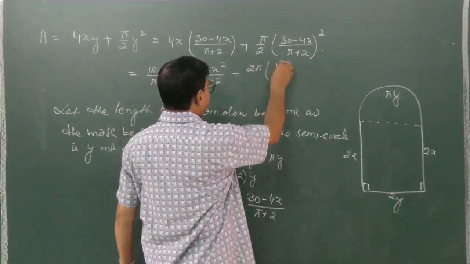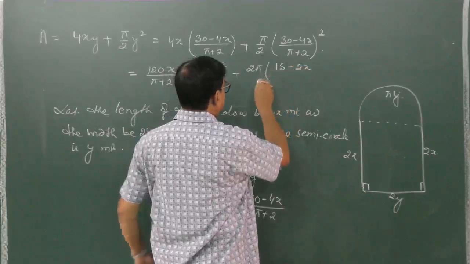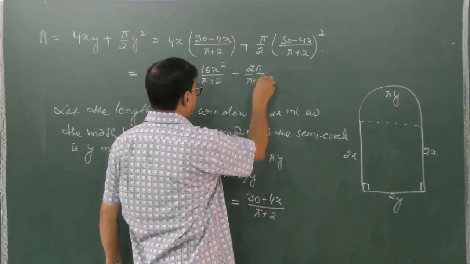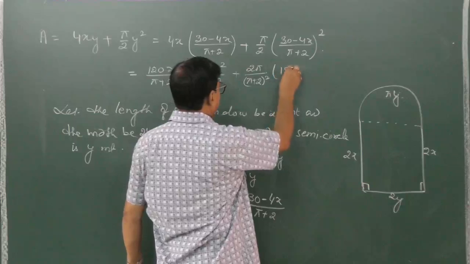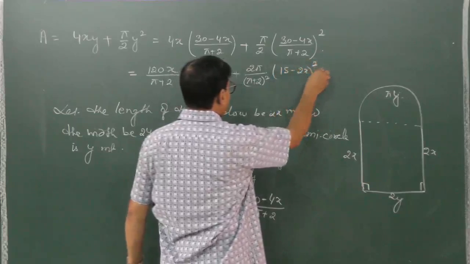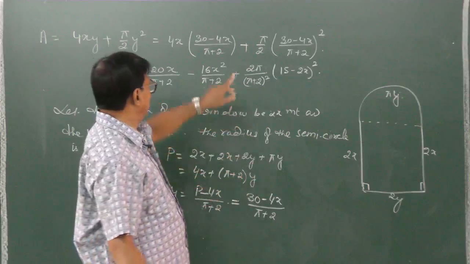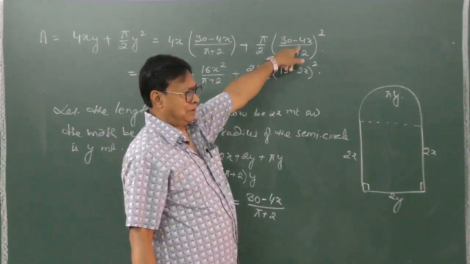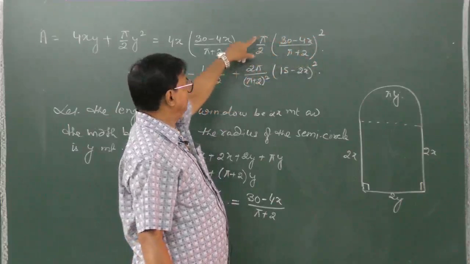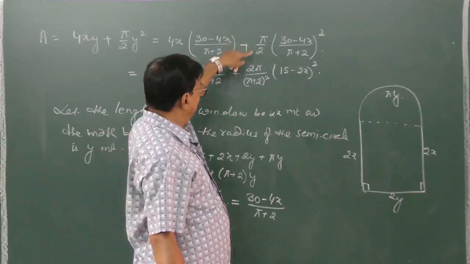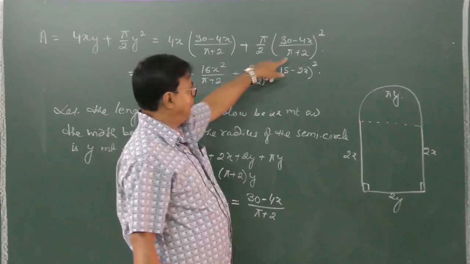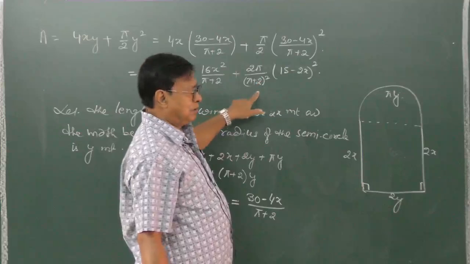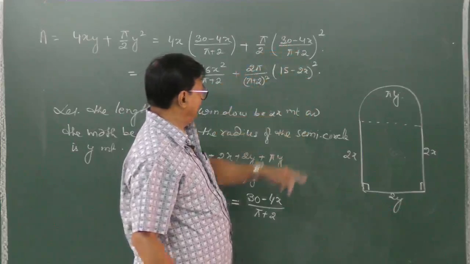So this is 15 minus 2x whole square, with pi plus 2 square taken out. I repeat, this I have multiplied simply. From here I have taken 2 common, so since it's a whole square, as 2 comes out it will be 4 pi. So 4 pi divided by 2, that's 2 pi. Pi plus 2 has nothing to do with the differentiation, it is a constant coefficient. Taken it out, we got this 15 minus 2x whole square.